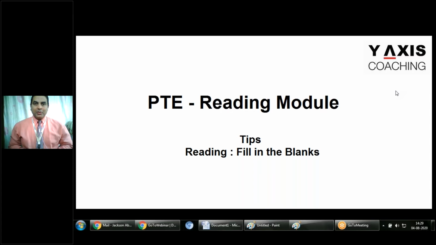Remember, in the reading module of the PTE examination, there are 5 different question items that will come across as a challenge for you. In that, you have MCQs single answer, MCQs multiple answer. Also to note that MCQ multiple answer is a negative mark question, followed by reorder paragraphs, and there are 2 important question types that not only improve your reading but add to the score for your writing as well.